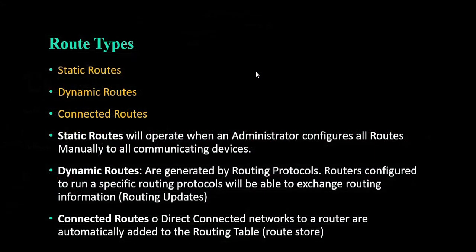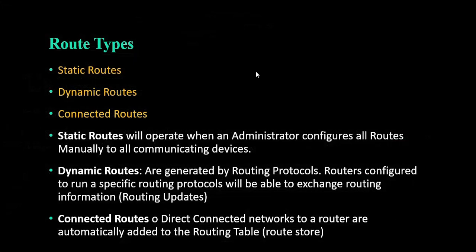We have route types. Let's see the route types. We have several types of route. We have static routes, we have dynamic routes, as well as connected routes. Static routes apply when the administrator configures all routes manually on all communicating devices.